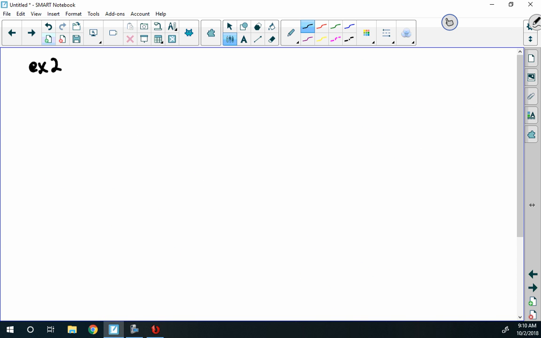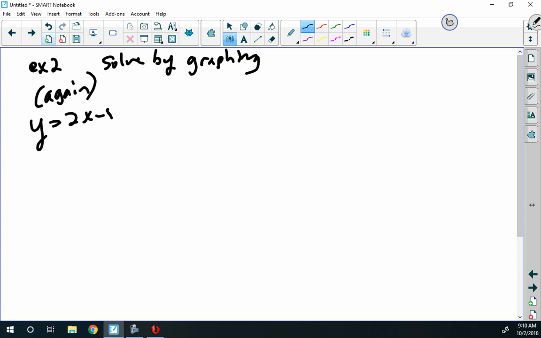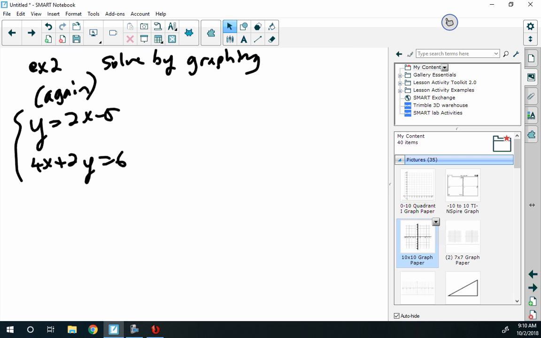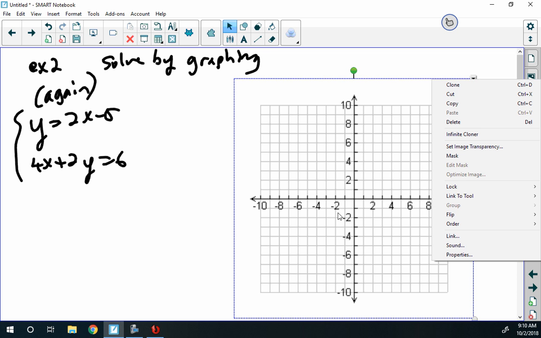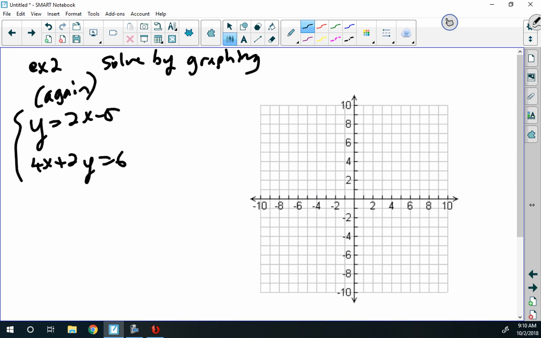Example 2, solve by graphing. So this is again y equals 2x minus 5, and 4x plus 2y is 6. Oh man, I don't know if I got the skills to do this. The first equation's easy.